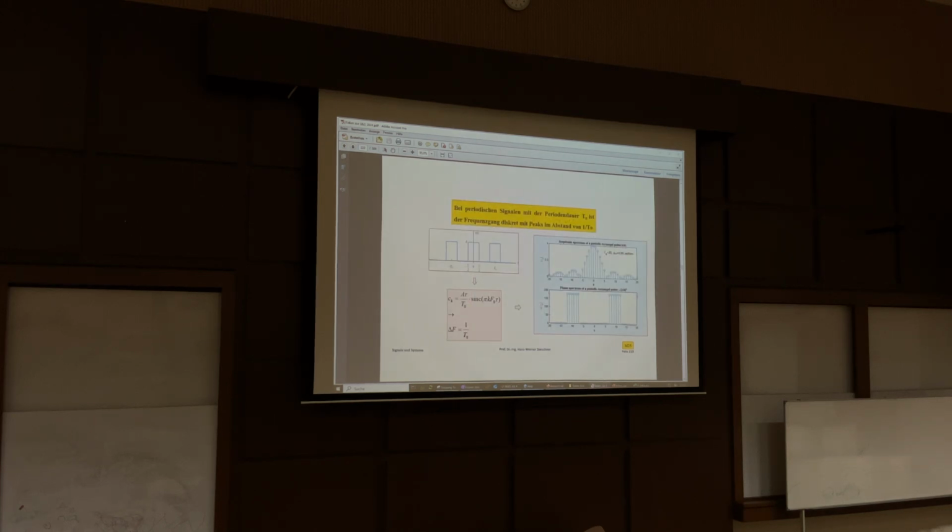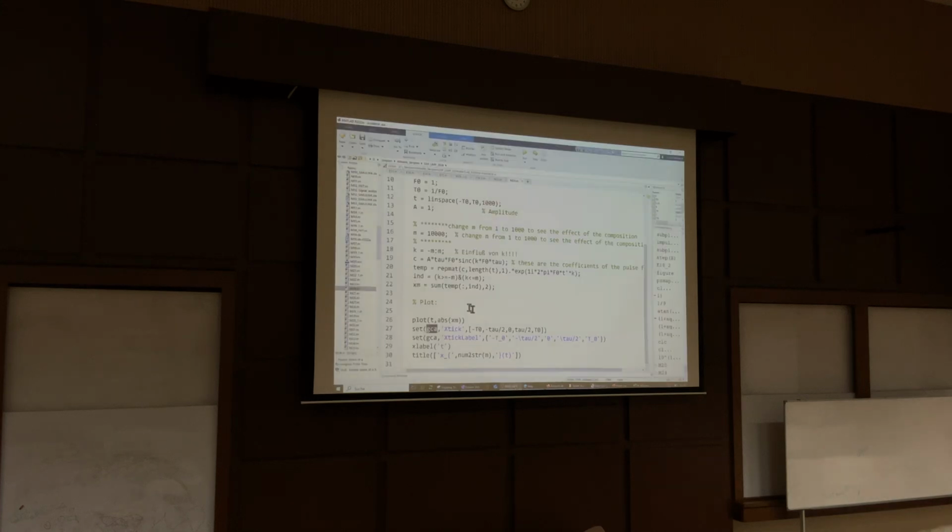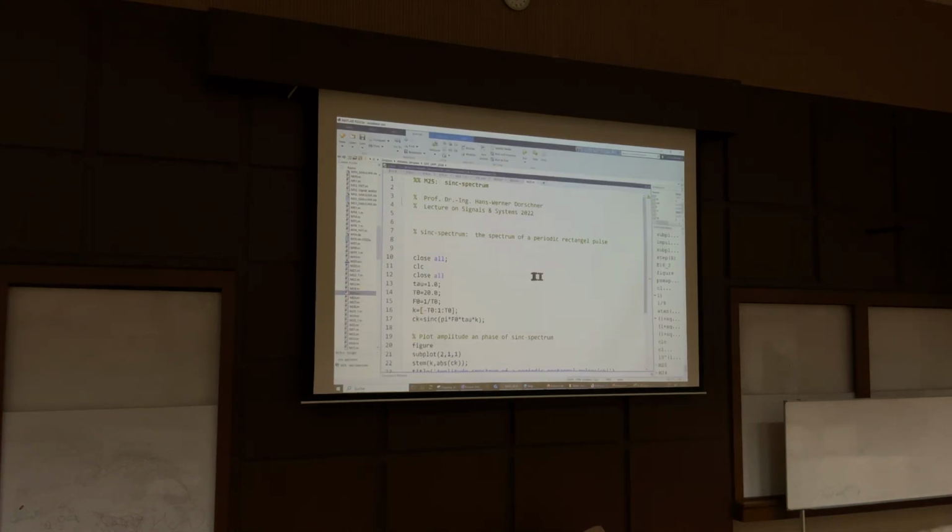So that is this one here, what we see if we look at our spectrum, and that is now M25.